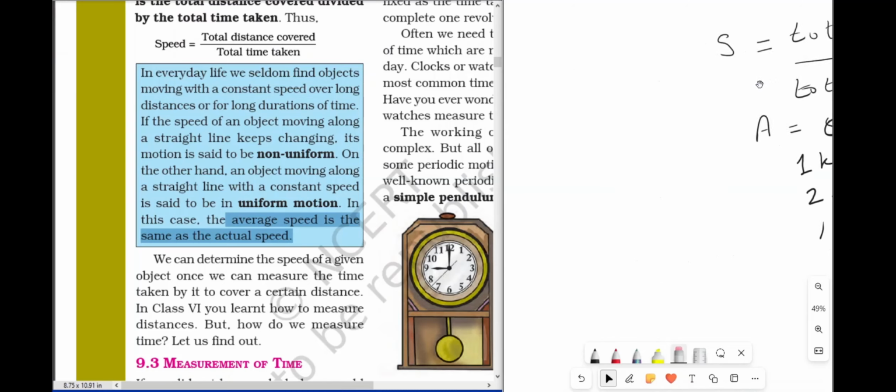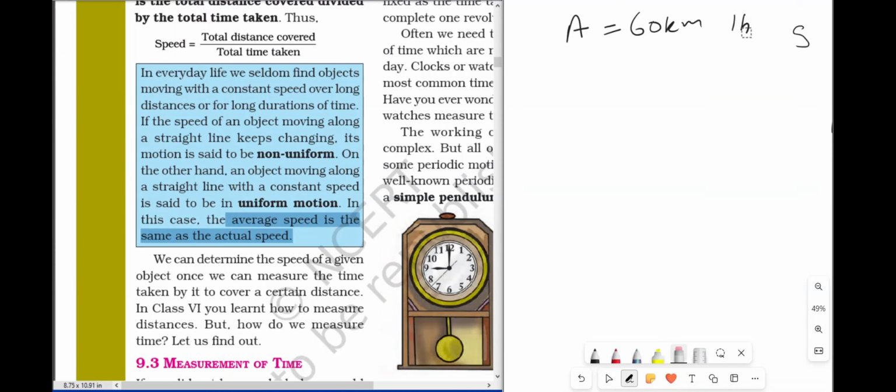But if we come across an object which is non-uniform, so what would that look like? Let's say we have A which travels 60 kilometers in 1 hour. तो उसमें क्या होगा कि हो सकता है 1 मिनट में वो सिर्फ और सिर्फ 500 मीटर गया हो, या let's say 0.5 kilometers. In 2 minutes, maybe it's gone 3 kilometers. In 10 minutes, maybe it was able to go 15 kilometers.